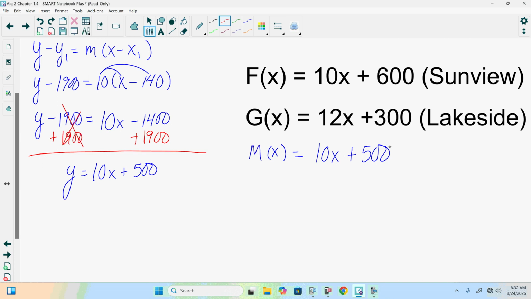And covered in Algebra 1, covered it some in geometry, if the slopes are the same, those two lines are parallel. Parallel lines never cross, never intersect. So is there any way that Maple can somehow get more expensive than Sunview? No, because for them to get more expensive, for it to go from less to more, at some point it's got to cross that line.